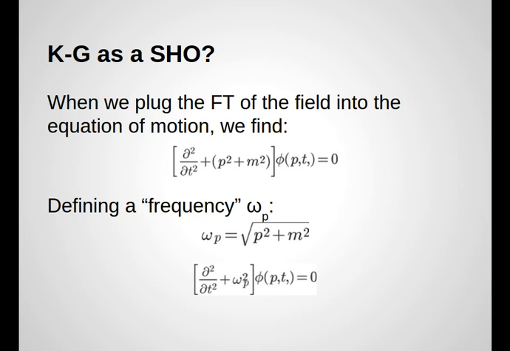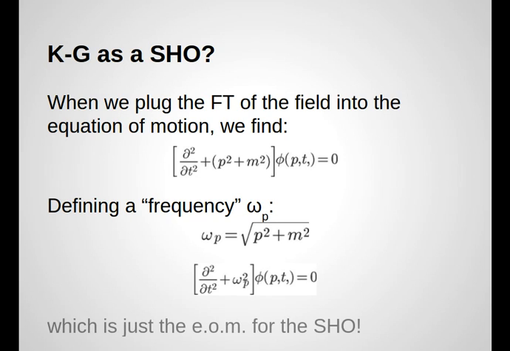The main difference here is that phi is not a wave function; it's a field. But we can at least use the analogy, the skills we learned in quantum mechanics about how to solve the harmonic oscillator, to try to solve this equation for our field phi.